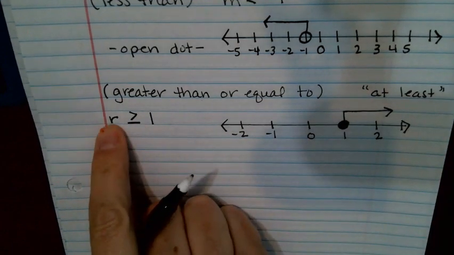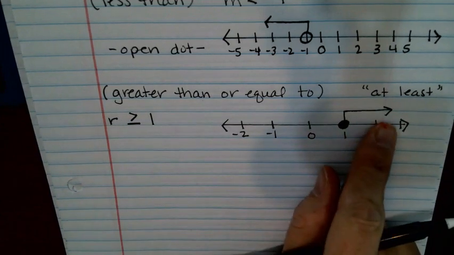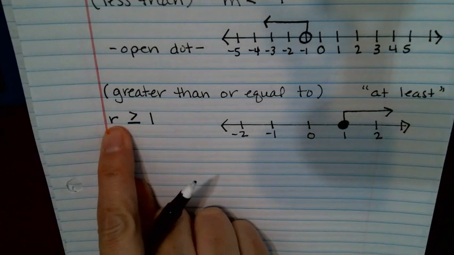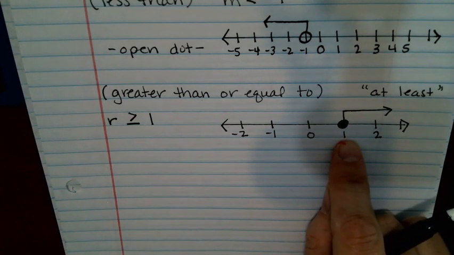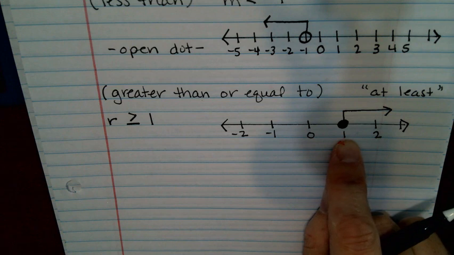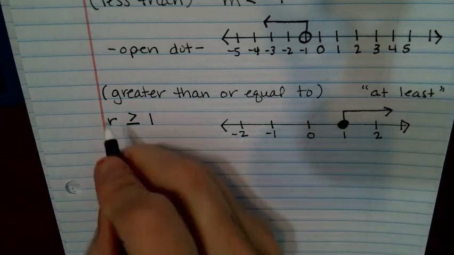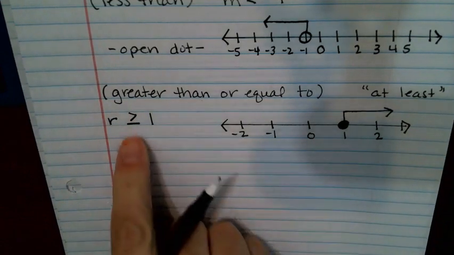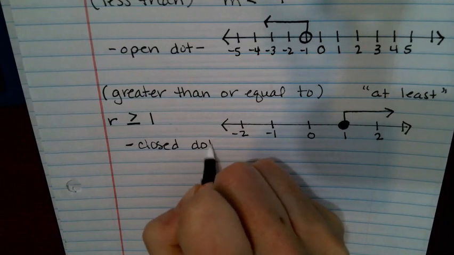And this one says if your variable comes first, and this one says that it has to be greater than, notice that this right here and my arrow are going the same way, but that's only because the variable comes first. So this one actually says R is greater than or equal to 1. It can be 1 and anything bigger. Okay, and again, because we have greater than or equal to, we have a closed dot.